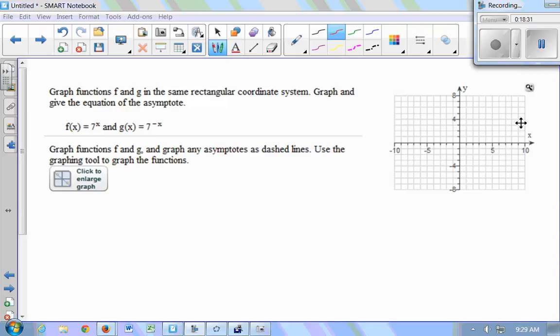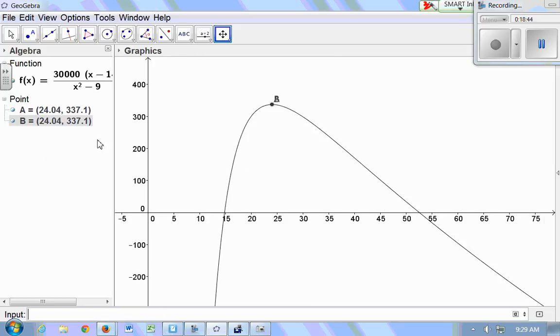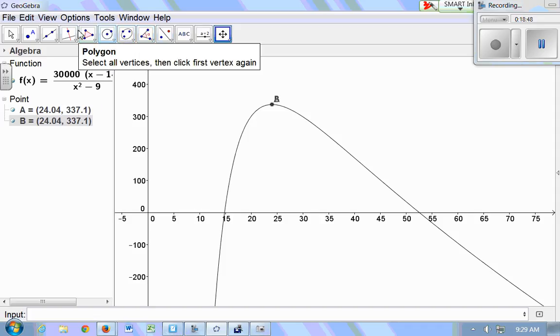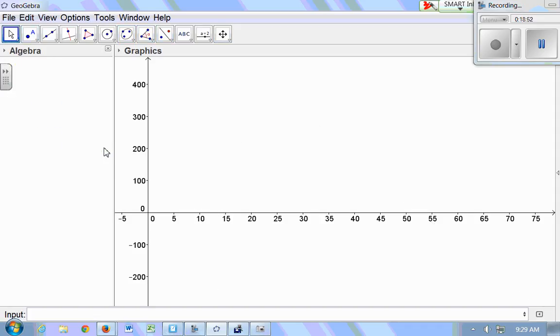Graph f and g in the same coordinate system. Graph and give the equation of the asymptote. So 7 to the x and 7 to the negative x. All right, so if I'm going to graph these, maybe I'll just use GeoGebra. Okay, so we'll have f of x equals 7 to the x.